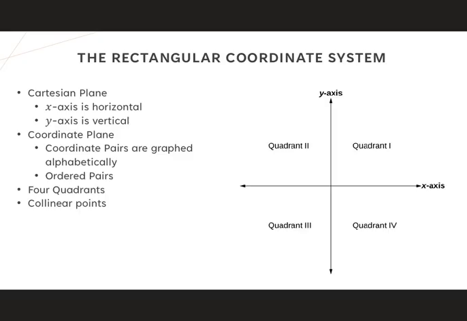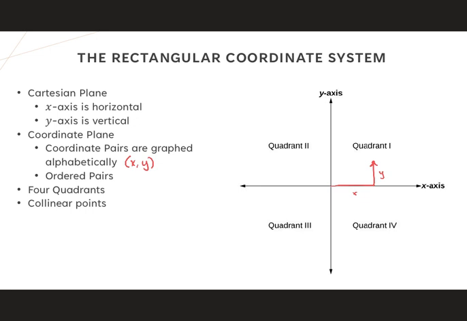Okay. Our rectangular coordinate system, this is our Cartesian plane. It is sometimes called a coordinate plane, right? You have your x-axis, you have your y-axis. We graph coordinate pairs alphabetically, and by that we mean when an ordered pair is written, it's written as x comma y. So we go horizontally and then vertically, so x some distance, y some distance, and then we land at whatever that point is.